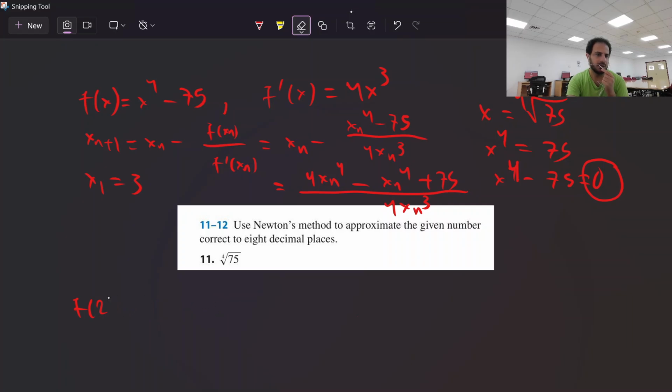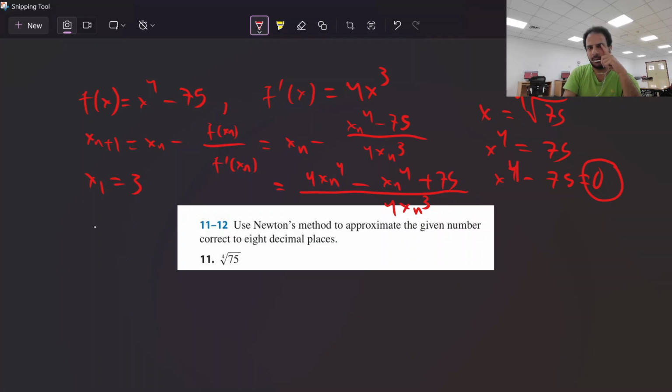So now let's solve. I think for Newton's method, I cannot make it multiple choice because you may choose x1 different than me. So it's better to make it fill in the blank.